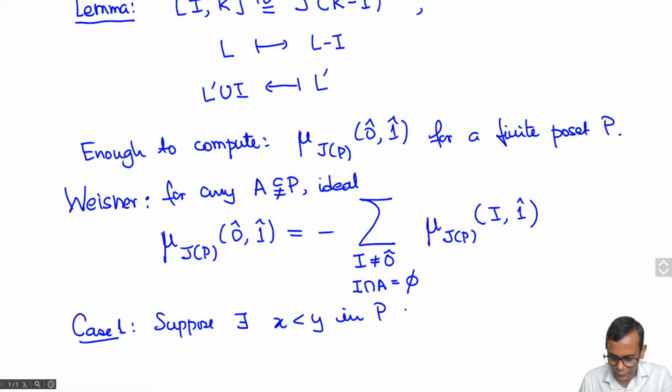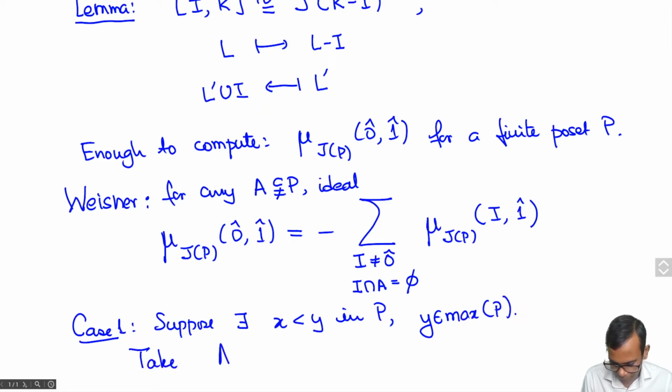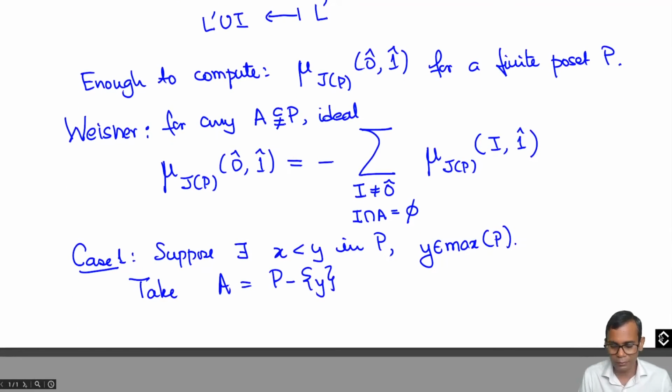Now if P is not an antichain, then I can assume without loss of generality, since P is finite, that if x is strictly less than y, I can replace y by some element that is maximal. So y a maximal element of P. Then I can take A to be P minus singleton y. This is an order ideal whenever y is a maximal element.